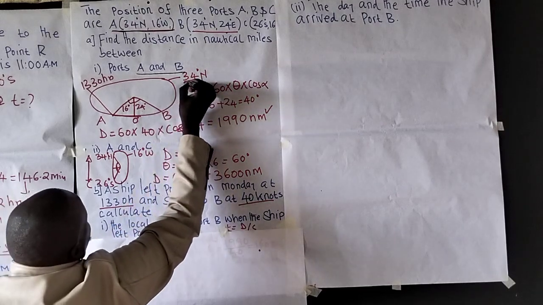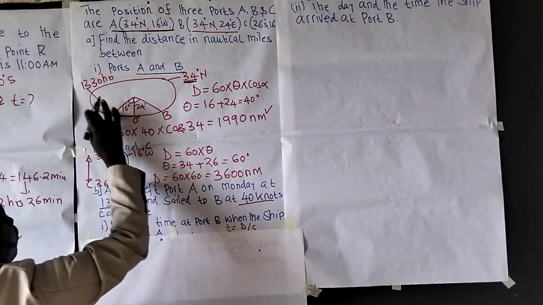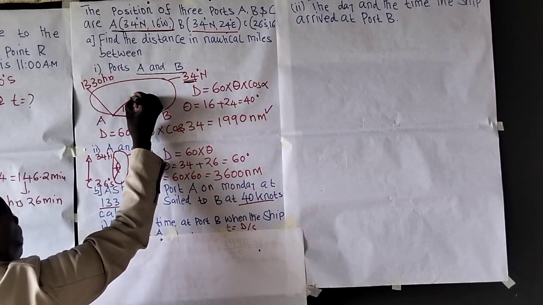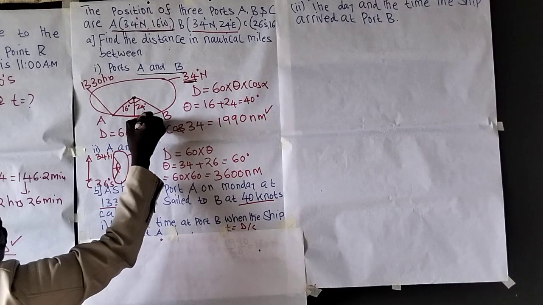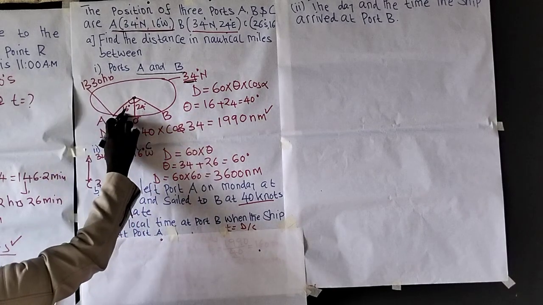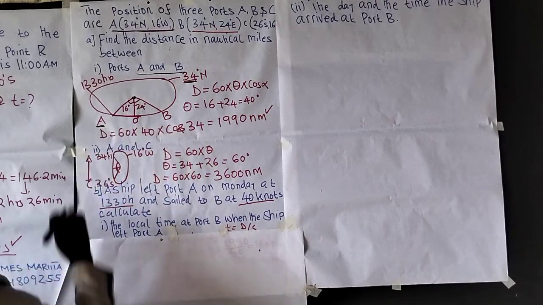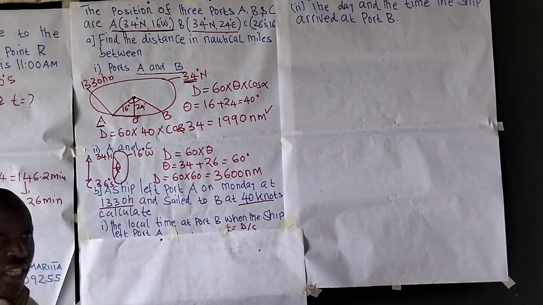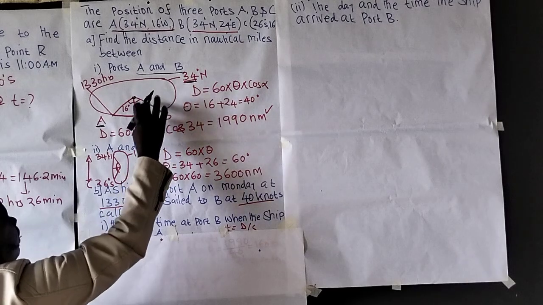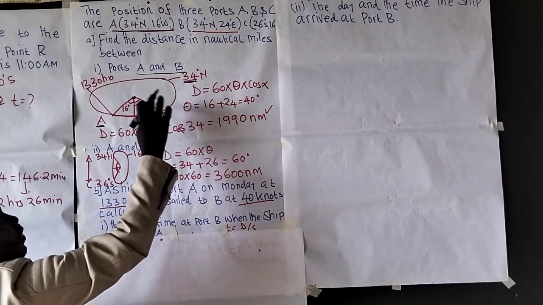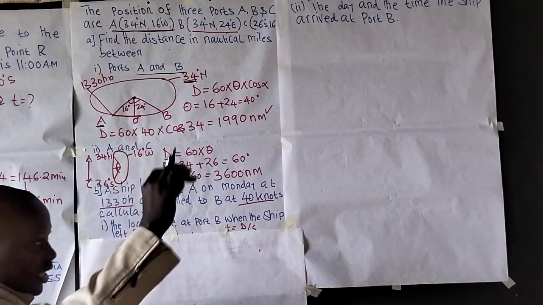From 0, the Greenwich meridian, A is at 16 degrees west, and the ship moved to port P, which is at 24 degrees east.